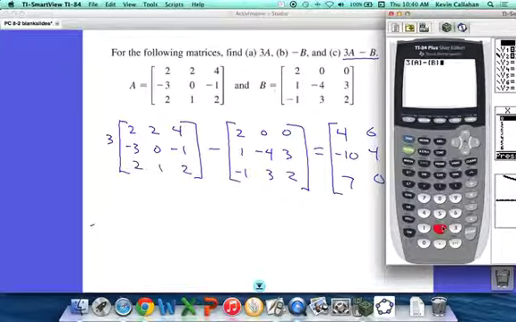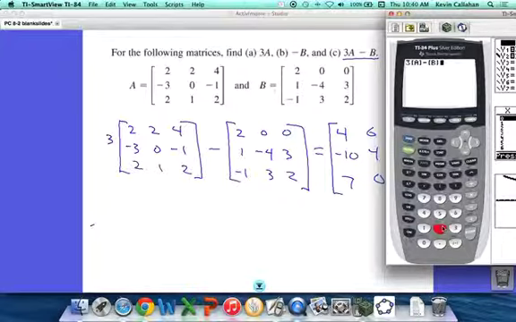So this would start out with 2X minus A equals B. Solve for X. What would the next line look like? 2X equals A plus B. And then what? You could go X equals A plus B divided by 2.